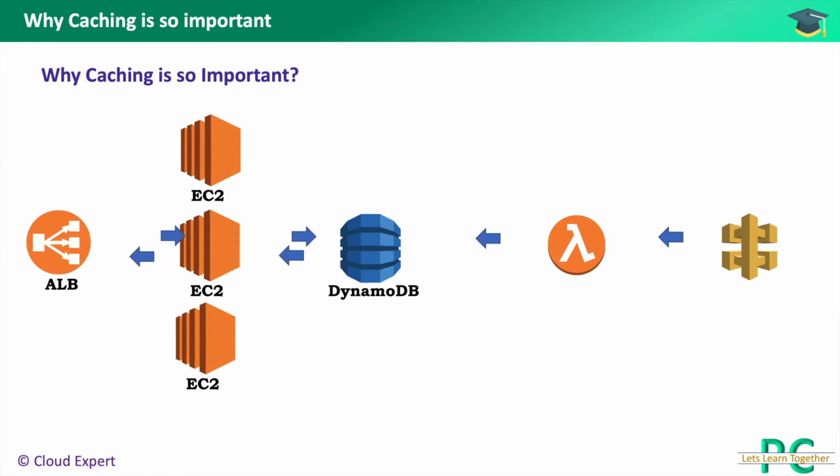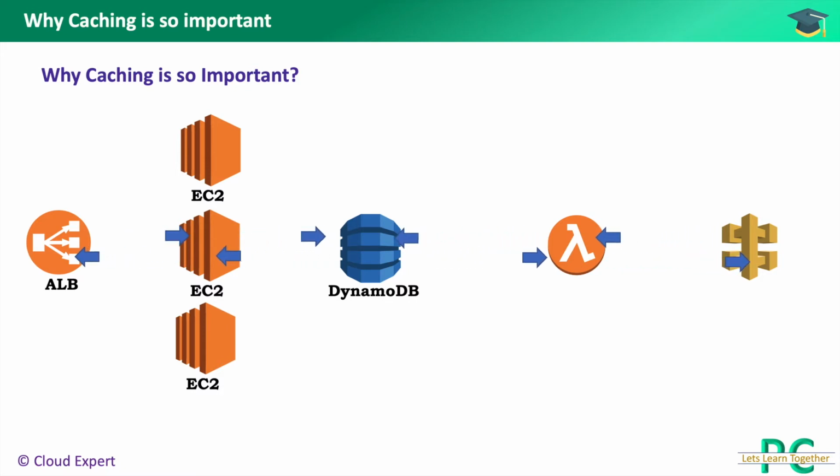Now, API Gateway will also send traffic to the DynamoDB table via the Lambda function. Here you can understand your DynamoDB table is really loaded with read requests. Although the user is requesting the same data again and again, we are still invoking the database, right?